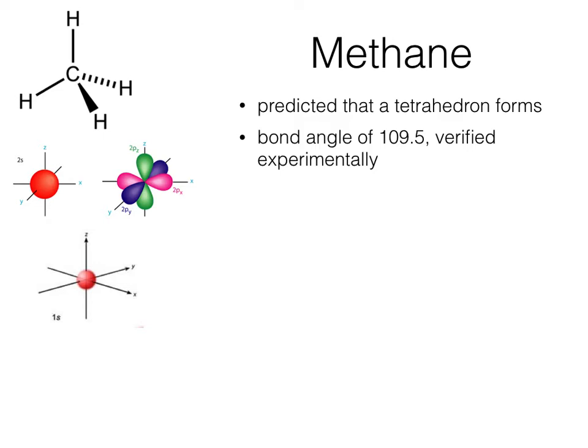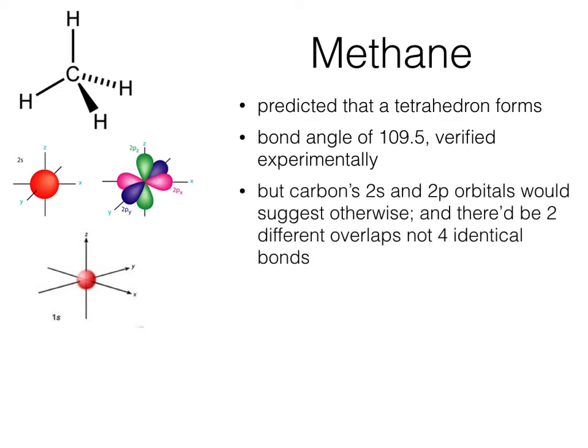But we run into problems pretty quickly because of these suborbitals we just looked at for the carbon and the hydrogens. The carbon's 2s and 2p orbitals would suggest we're not going to get a 109.5 degree angle, and we're not going to get equivalent orbitals.